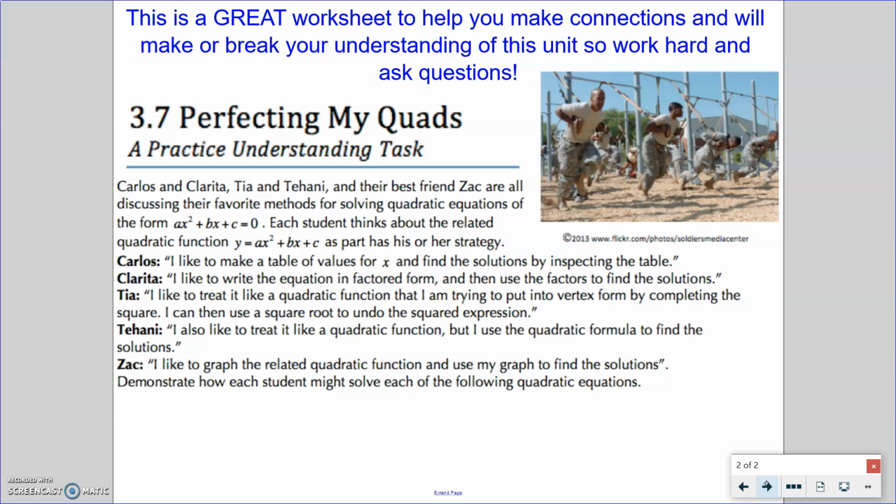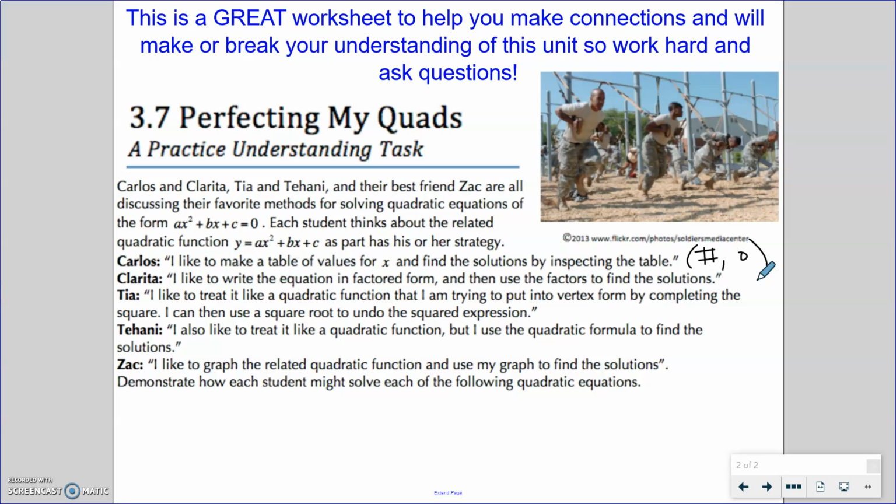Carlos and Clarita, Tia and Tayani, and their best friend Zach are all discussing their favorite methods for solving quadratic equations of the form ax squared plus bx plus c equals 0. Each student thinks about the related quadratic function as part of his or her strategy. So Carlos says, I like to make a table and find the solutions by inspecting the table, meaning if they're x-intercepts, he's going to look for number comma 0 in a table by just plugging in numbers.